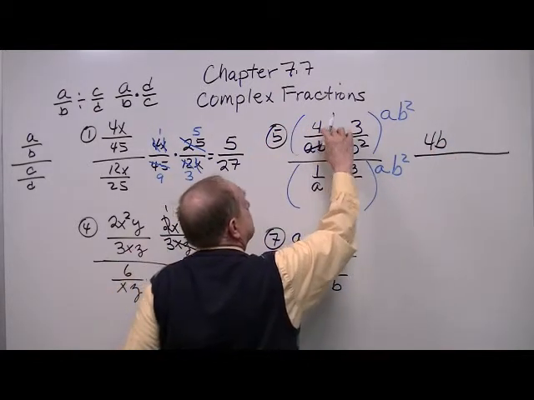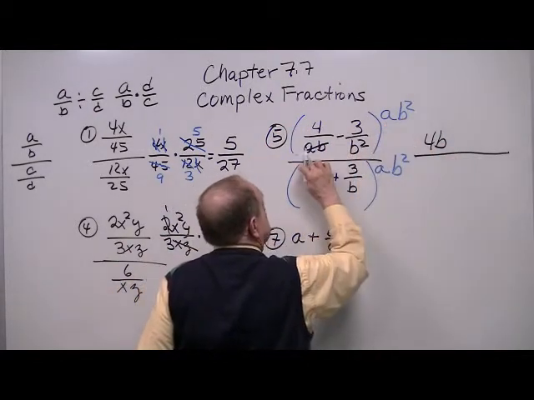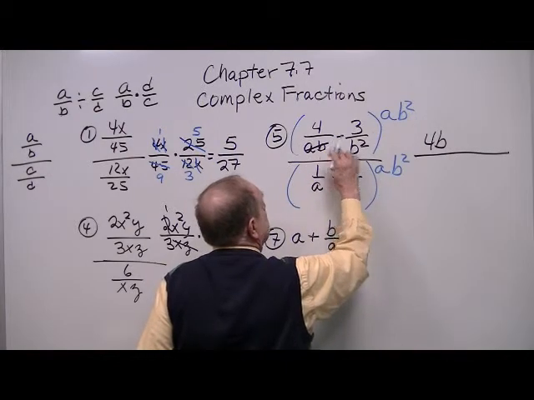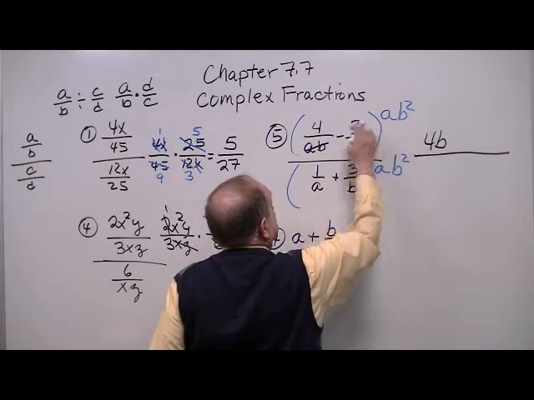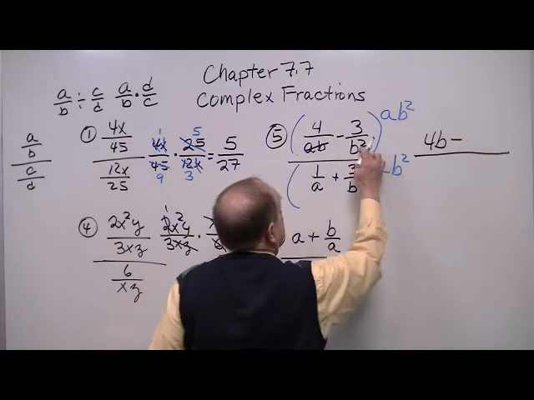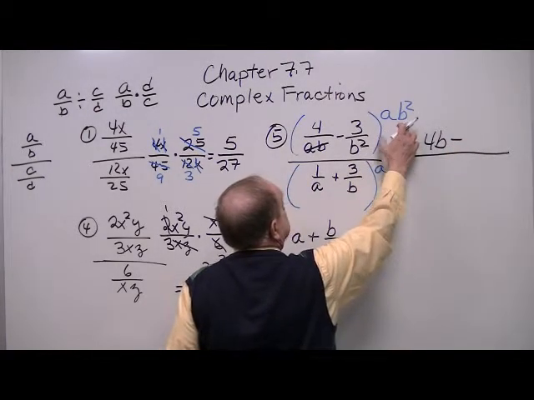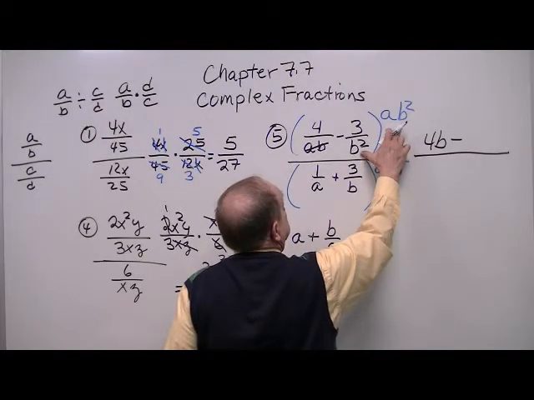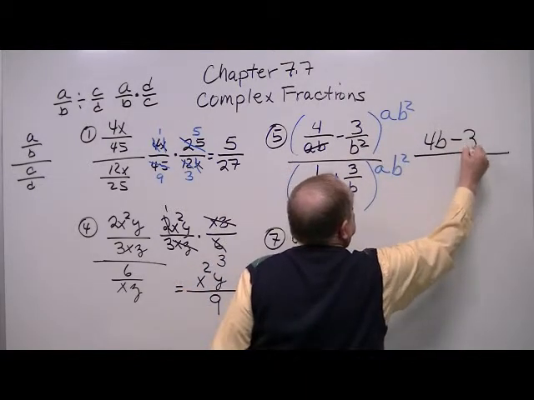You're multiplying this term by this. These cancel out, and you're left with the b. 4 times b minus, now the b squares cancel out, and you're left with a negative 3a.